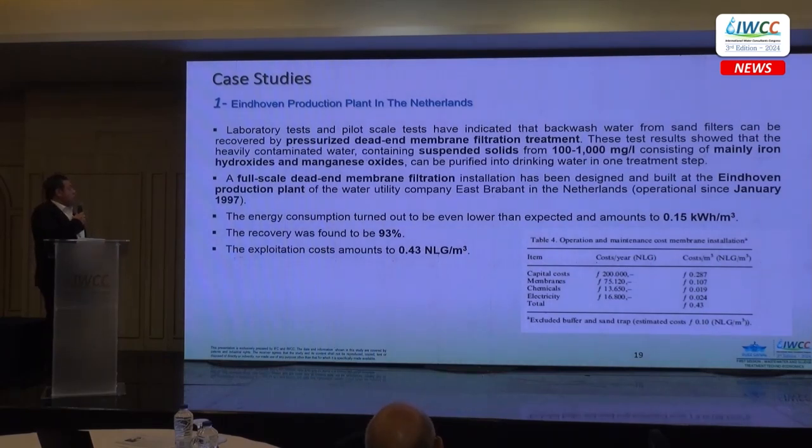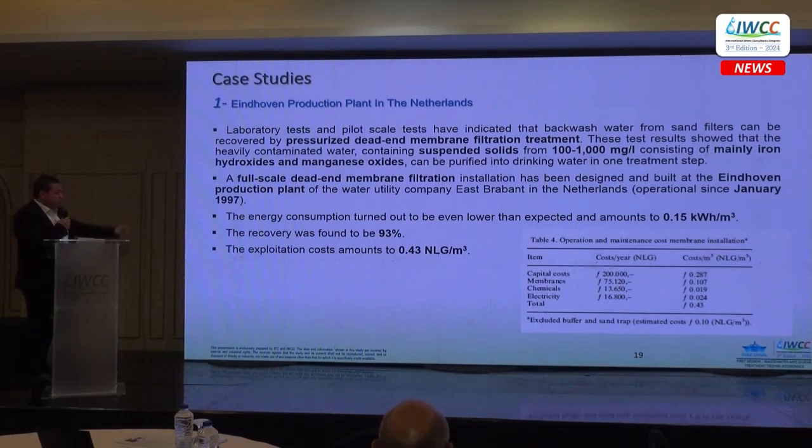We have two case studies to talk about. The first one is the Eindhoven production plant in the Netherlands. It first started with a small pilot plant, then it extended to a full-scale plant. It uses a pressurized dead-end membrane.